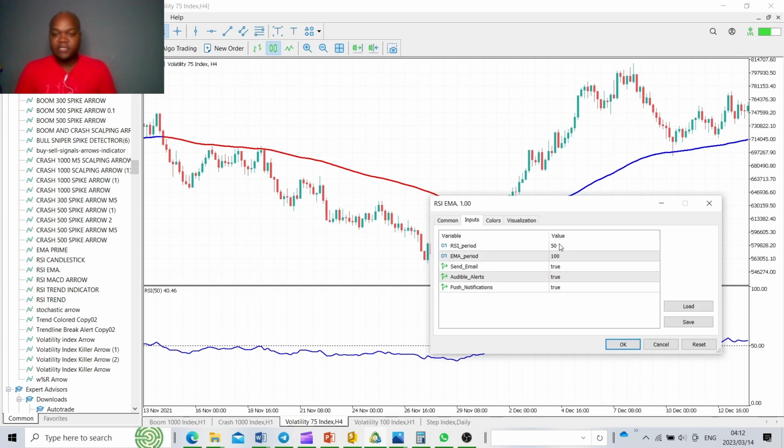You also have the opportunity to set notifications, for example push notifications, and an option to use audible alerts, and it also has an option to send notifications to your email. So it's a very powerful and useful indicator.